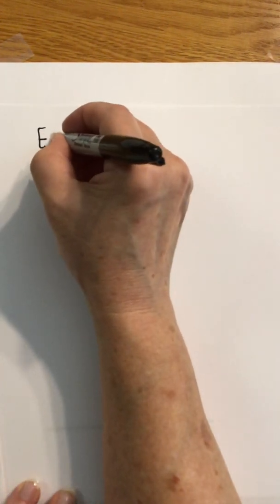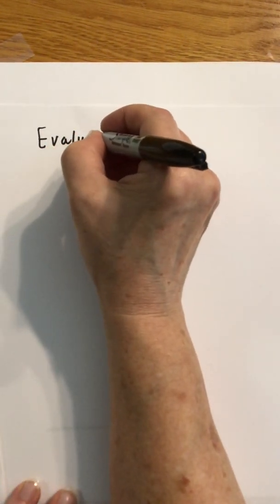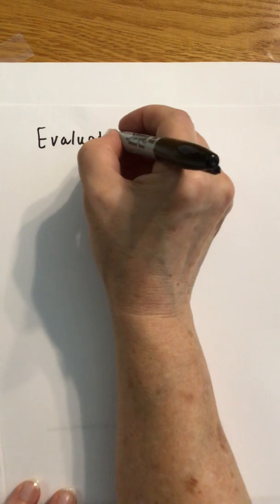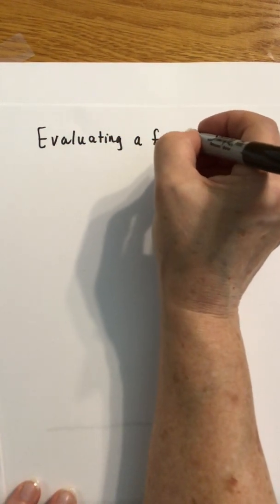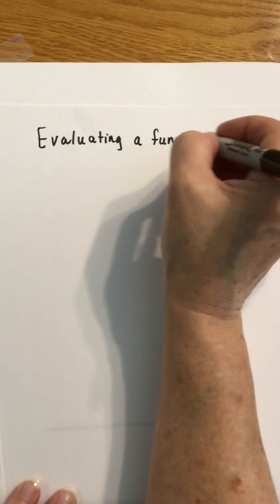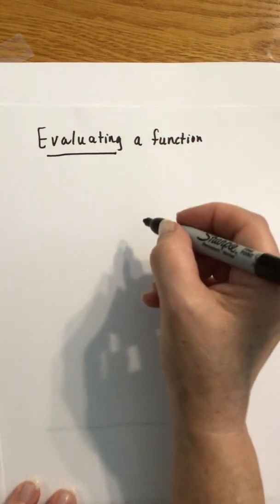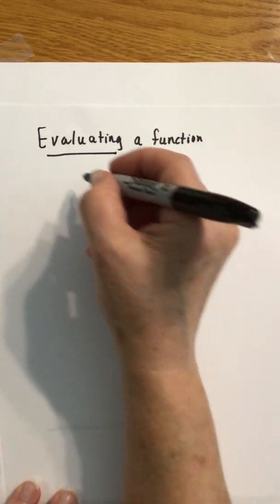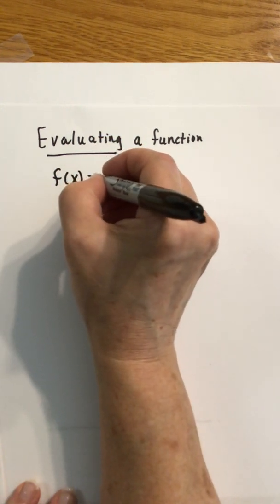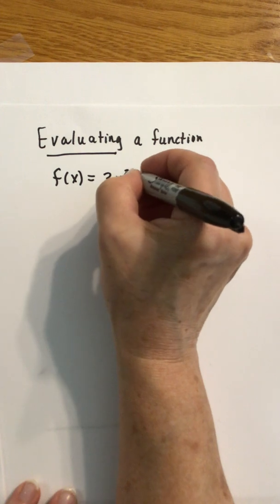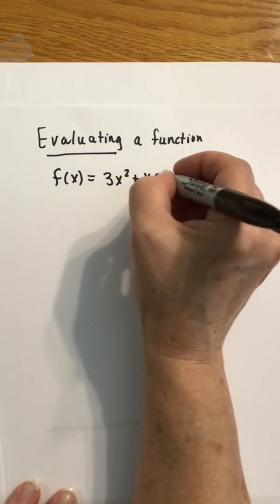Okay, so we're going to do a few more examples of evaluating a function. When it says evaluating, we're still looking at plugging numbers in. So we've got f of x equals 3x squared plus x minus 5.